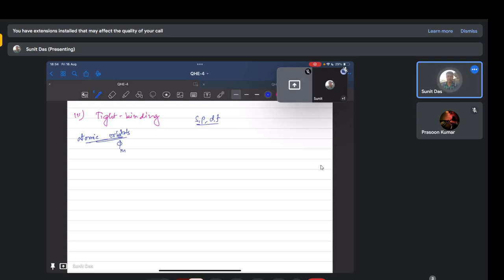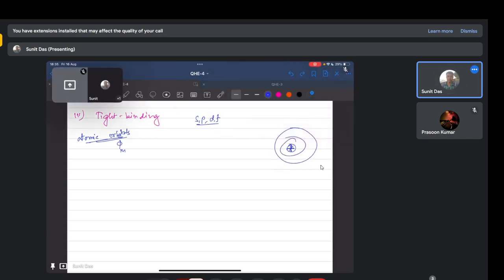By the way, even in the tight binding approximation, let's say I have some atom plus, and then these are electronic orbits. Those electrons which are deep down and very close to the nucleus do not contribute to this tight binding approximation, because they are so tightly bound to the nucleus.